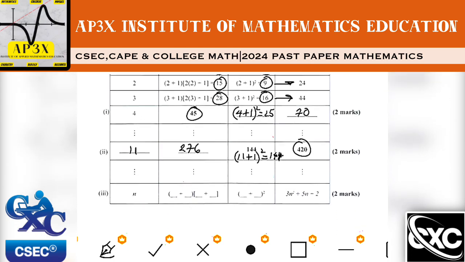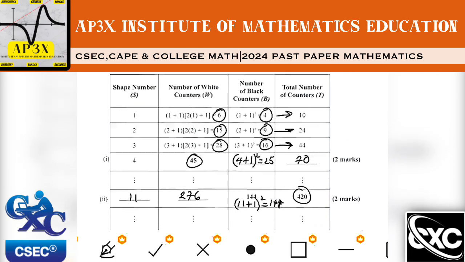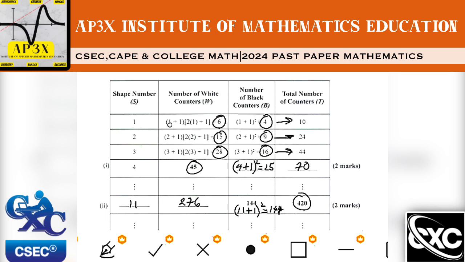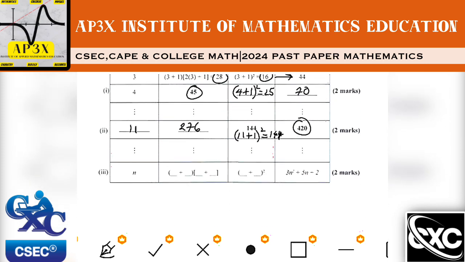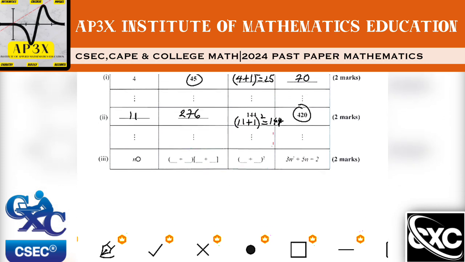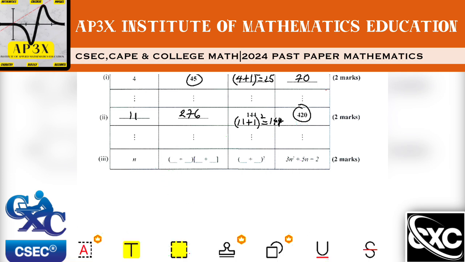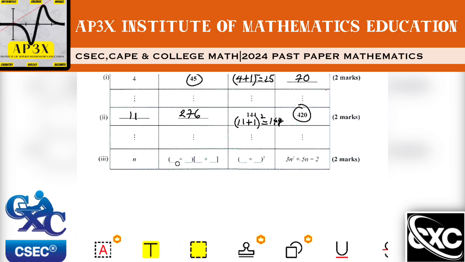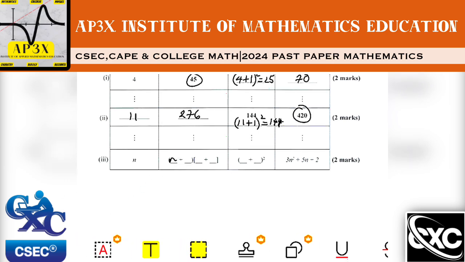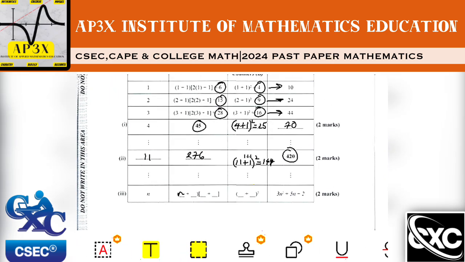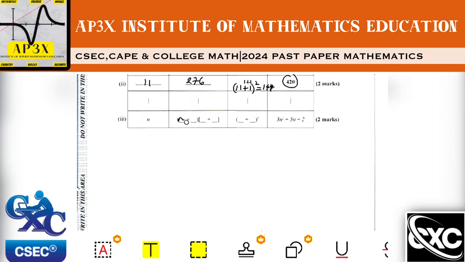We know for certain that the shape number is repeating itself, so that's 1, 2, 3, 1, 2, 3. That means this n is going to go right here because that number is repeating itself. So that's n right here.